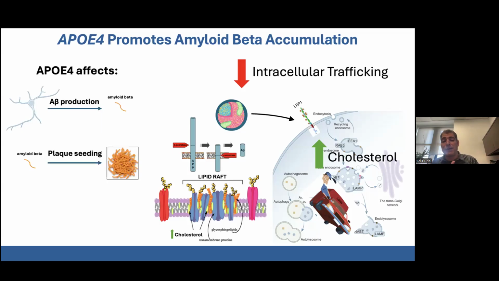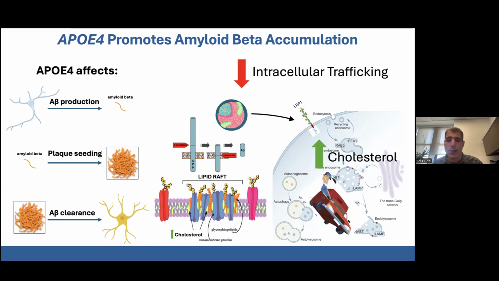It's also been found that ApoE4 can seed the plaques. Maybe that's why it's actually found in the plaques. And ApoE can help clear, or be involved with the clearance of, A beta, which APOE4 does less well.